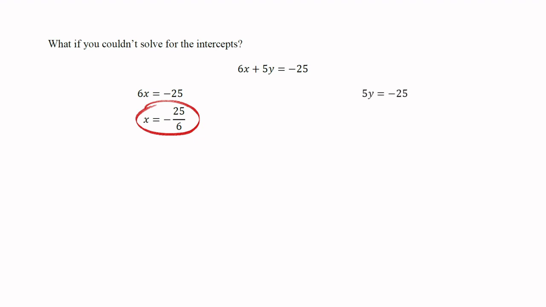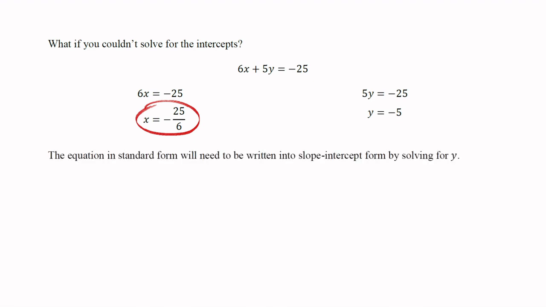Now, it does turn out if you solve for your y-intercept by making x 0, that one does come out nice and clean, but that's only 1 point. We've got a fraction for our x. So the equation in standard form will need to be written in the slope-intercept form by solving for y first. Then you can go and plot it using slope-intercept form by finding your slope and your y-intercept.